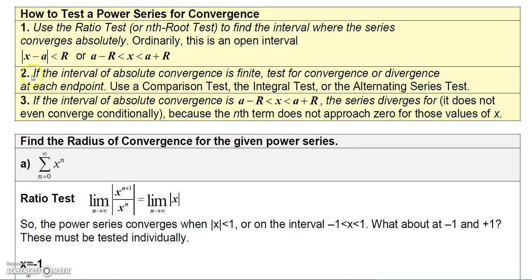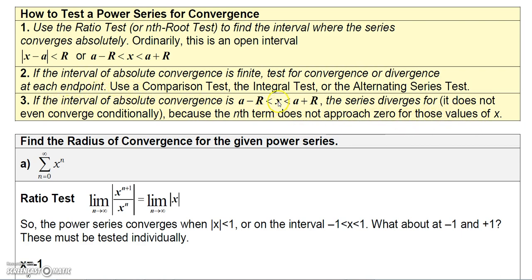Now, if the interval of absolute convergence is finite, we test for convergence or divergence at each endpoint using one of these three tests. If x falls outside the interval of absolute convergence, the series diverges. It does not even converge conditionally because the nth term does not approach 0 for those values of x.